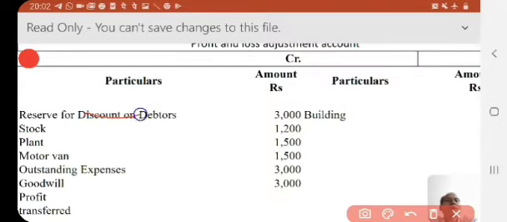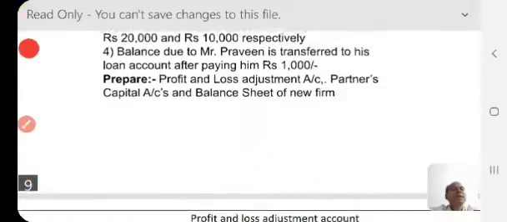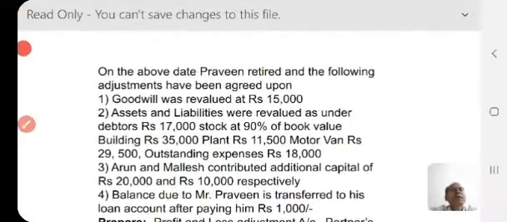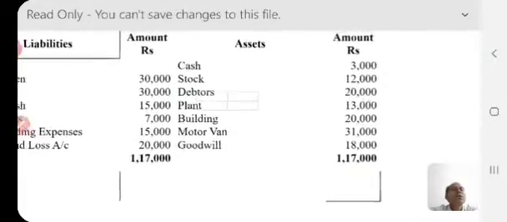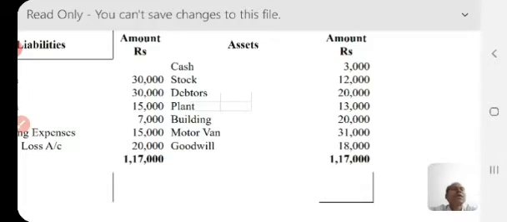So this is reserve for doubtful debts, 3,000. Why this 3,000? See, debtors are valued as 17,000, but in the balance sheet it is 20,000.